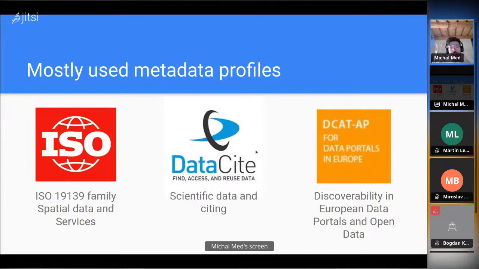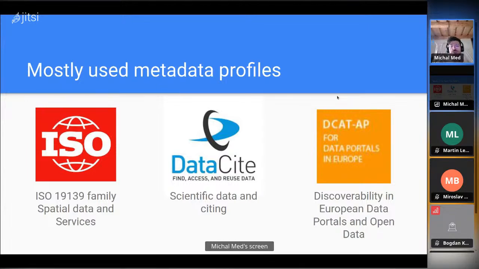Then we have DataCite. This is one of the most used metadata profiles globally. It serves basically for the description of scientific data, and its main purpose is the citing of those data. And then we have DCAT-AP, which is an application profile created by the European Union for the DCAT vocabulary.